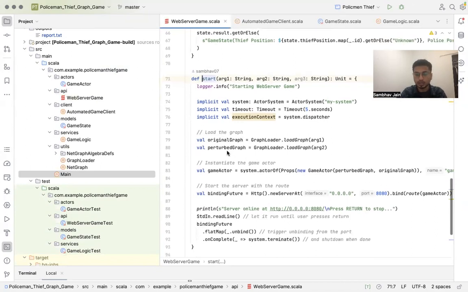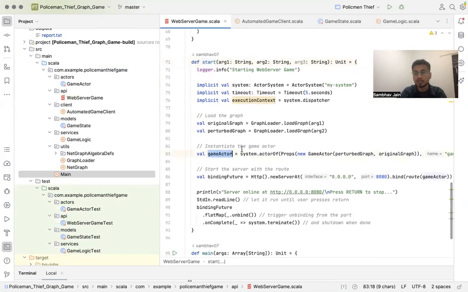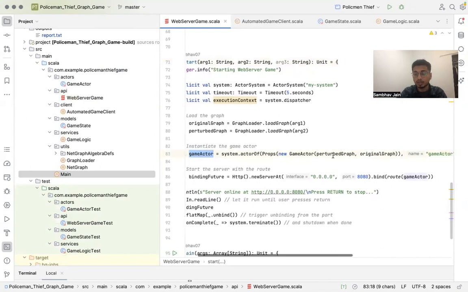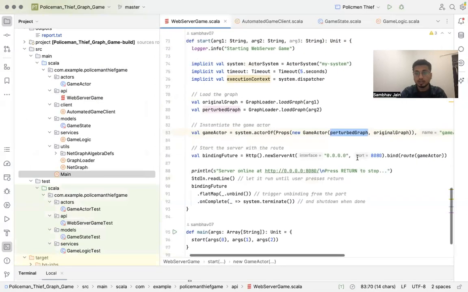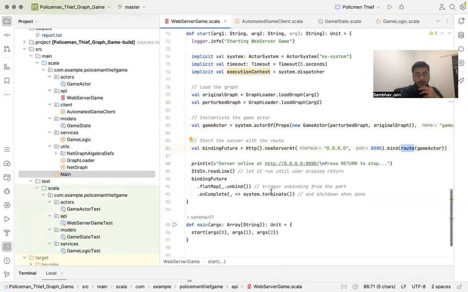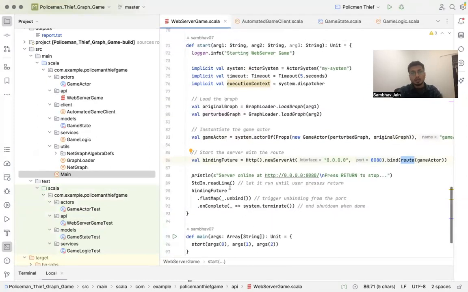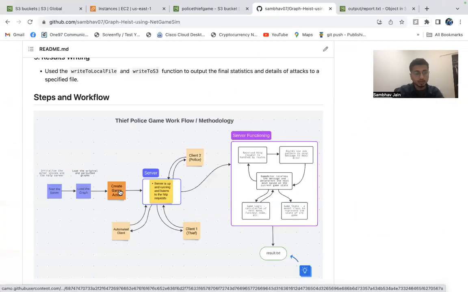We are loading the original and the perturbed graph. Then we are instantiating the actor with the loaded graph, passing the perturbed graph and the original graph here. And then we are creating our HTTP server, binding our routes, and bringing the server up. So this is the story here. The server is up and running, and it listens to HTTP requests.